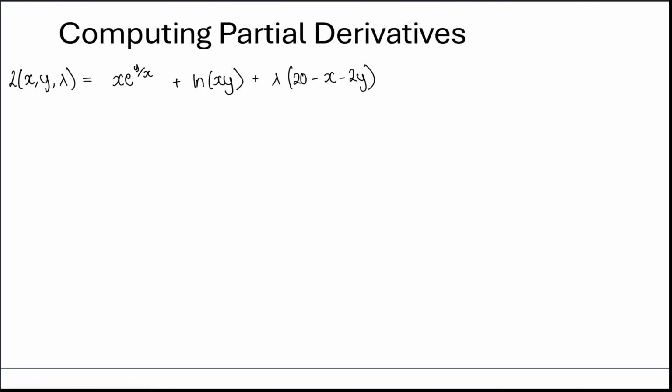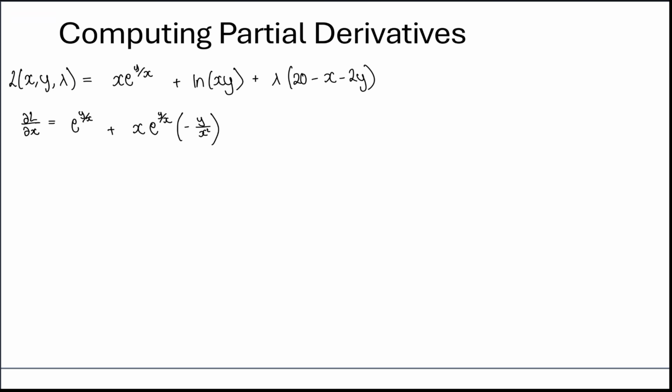If we first differentiate this partially with respect to x, we will have to use product rule, and so we get e to the power of y over x plus x e to the power of y over x multiplied by this differentiated, which is minus y over x squared.